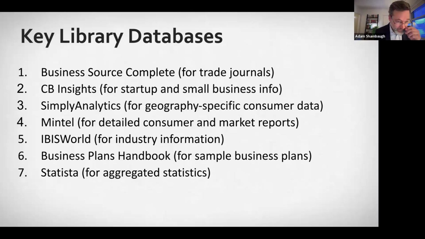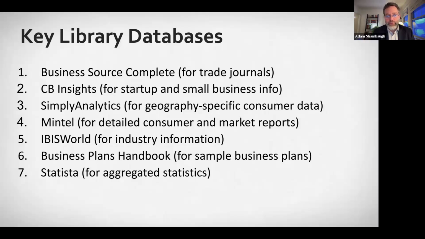So I'm going to say a little bit about these tools, but I'm also going to demonstrate them, to some extent or another. Business Source Complete is an article database, and it contains only business sources, but a variety of source types. So perhaps most notably are the trade journal articles. If you're not familiar with that, trade journals are publications that are intended for individuals who are practitioners in a given industry.